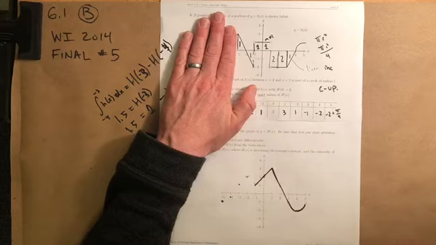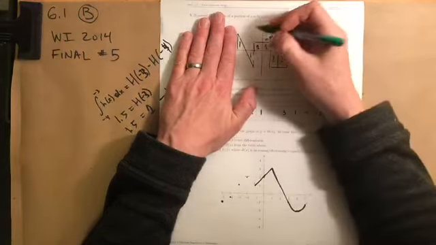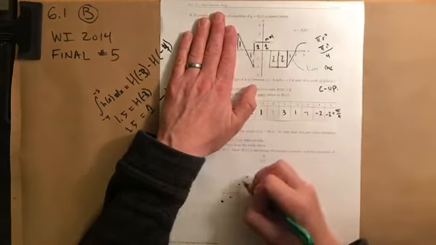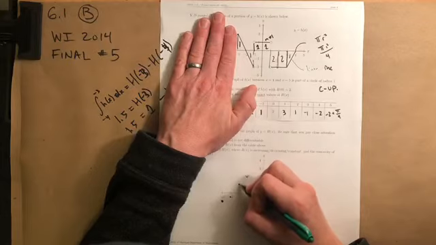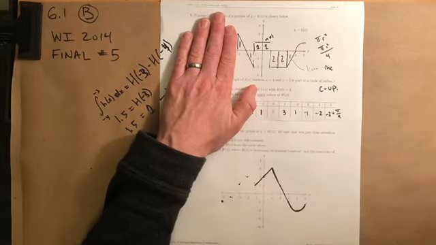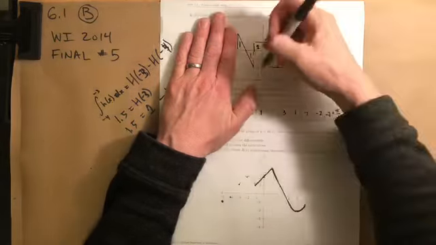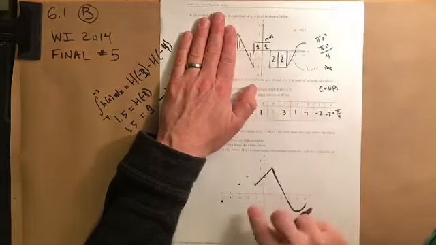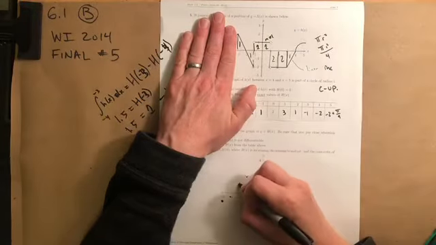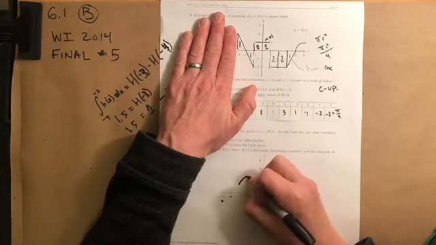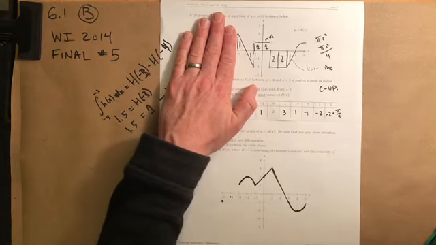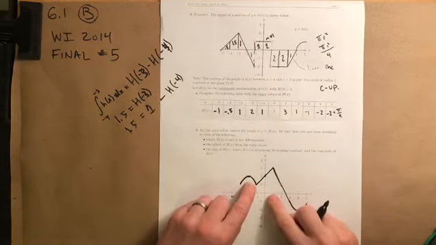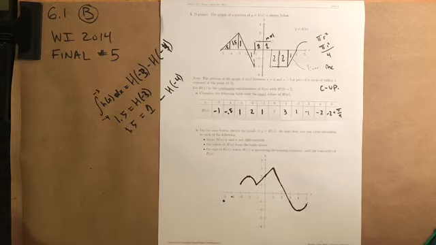And I'm just going to dash that in. And at -3, the slope is 2. And I can just kind of envision what that's going to look like. Linear derivative, quadratic antiderivative, and I can sketch that thing out and be happy. I want you to notice that on this side it's steeper than it is on the other.